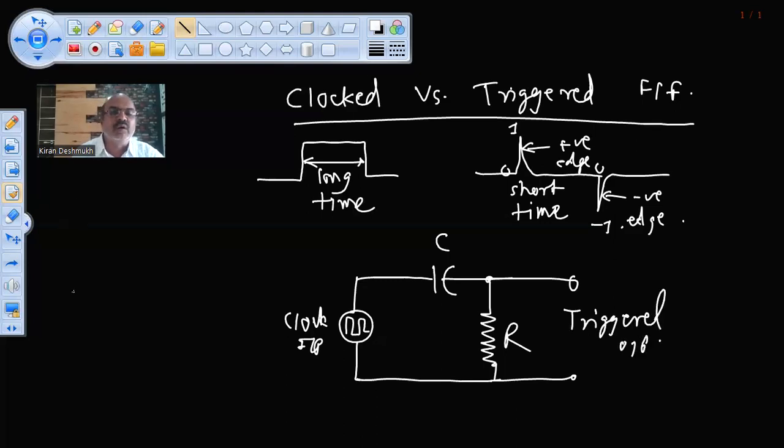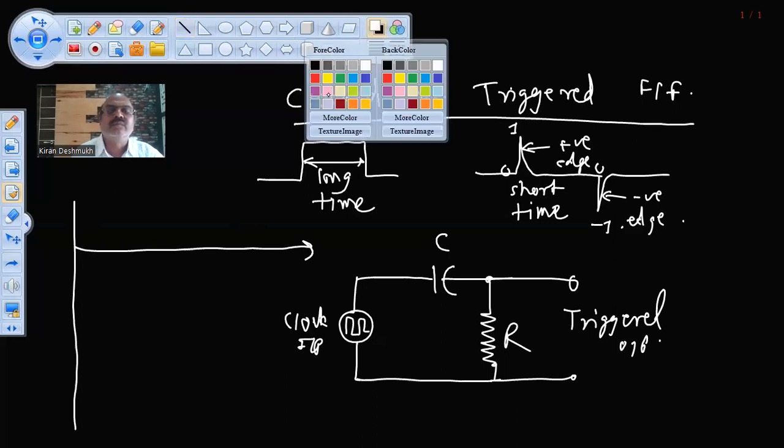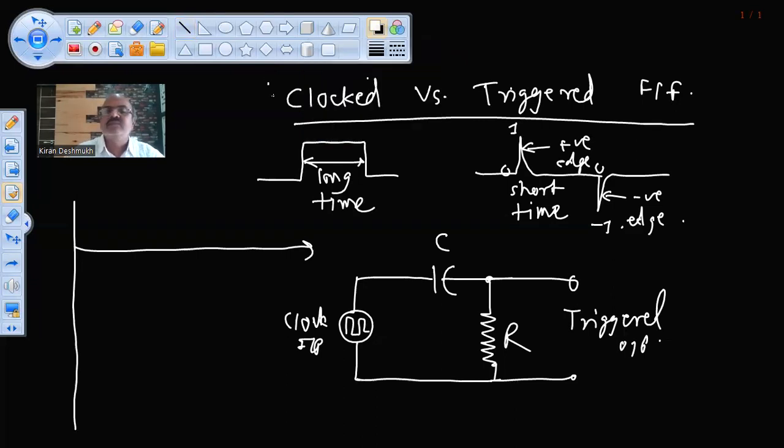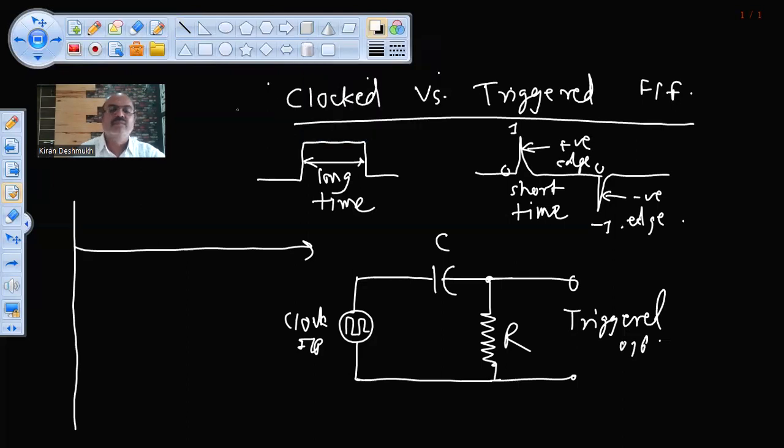Means if I plot the waveforms, this is your clock.